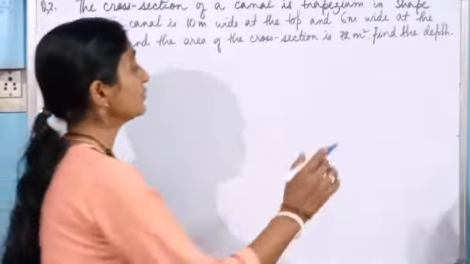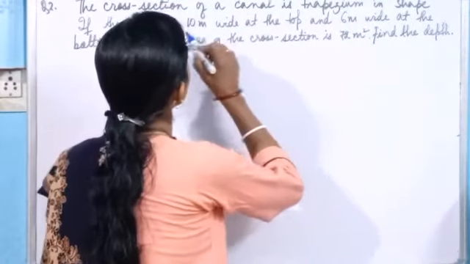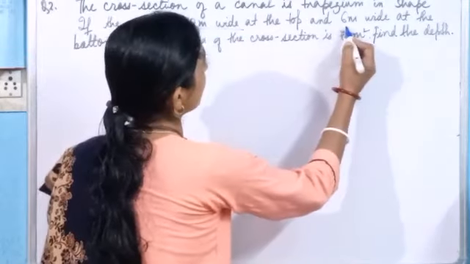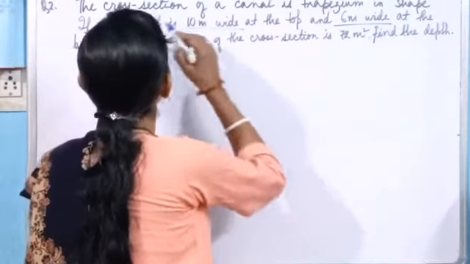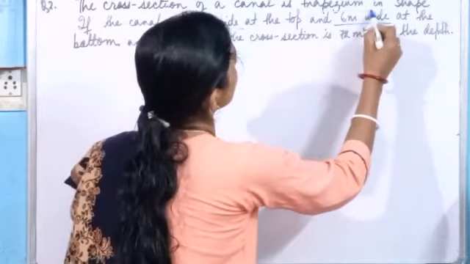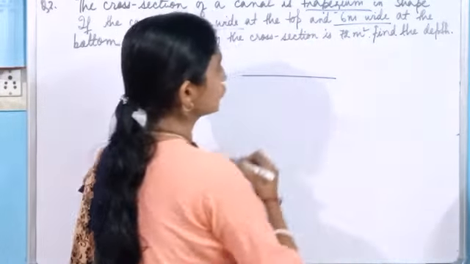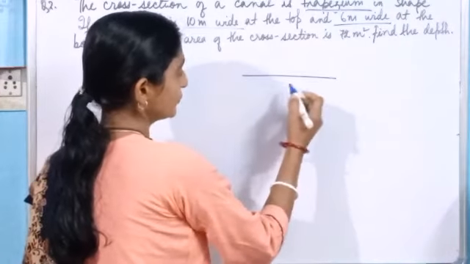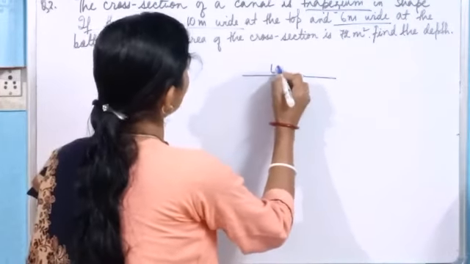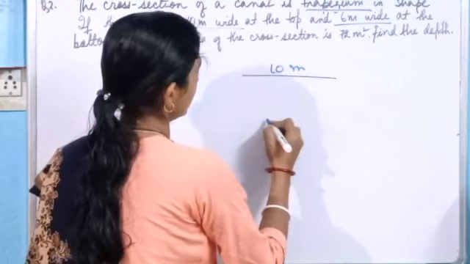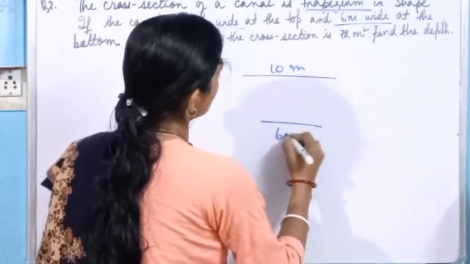Okay, so let's come to the question. Here it has been given that it is 10 meter wide at the top and 6 meter wide at the bottom, and the shape of this cross section is a trapezium. That means the upper part of this canal is 10 meter wide as per the question, and the bottom is 6 meter wide.